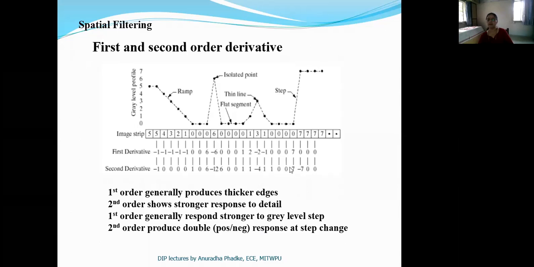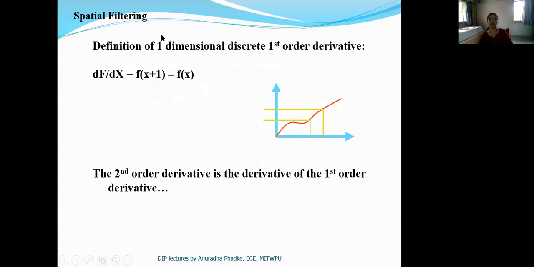This positive as well as negative response appears as a double edge when you visualize it as an image. So this is one more important observation from this particular exercise. Whenever we are going for sharpening filters, this differentiation operation is very important.